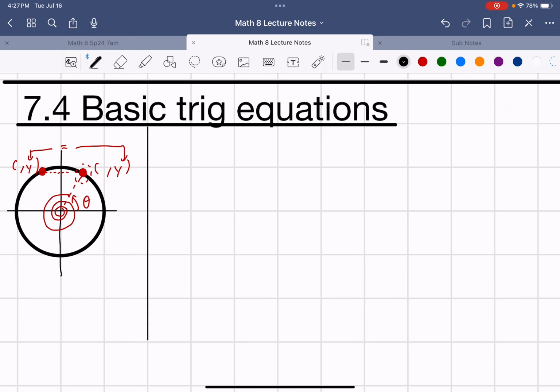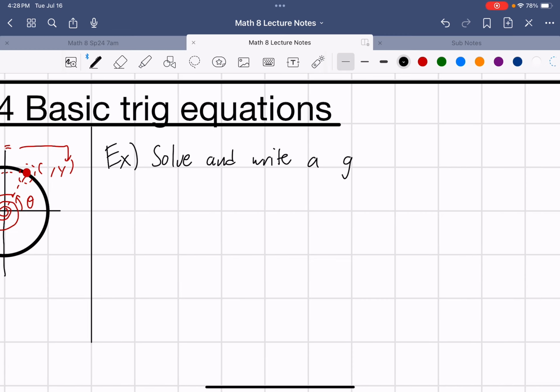But in terms of finding our solution, it's going to be the same as we did for inverses, that you're given a terminal point and you're supposed to find the radian or degree that's associated to it. So let's jump right in. Solve and write a general solution.